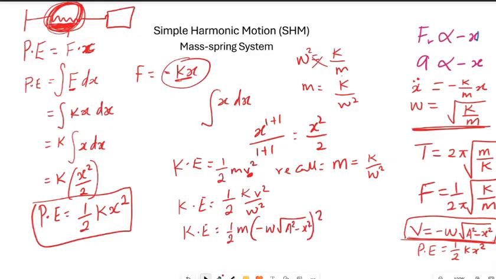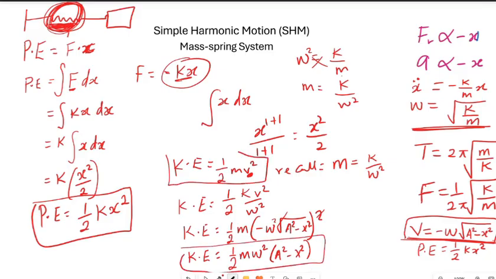Then our kinetic energy is equal to half m, minus squared is plus, so we have omega squared, we cancel the square root for the second one, so we have a squared minus x squared. So this is another formula for kinetic energy, but the basic one is actually half mv squared.